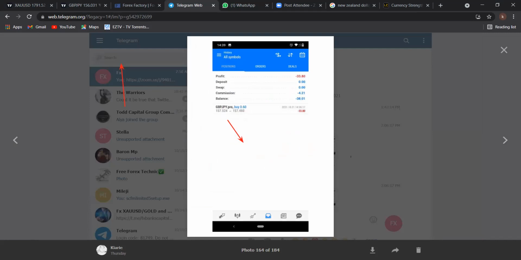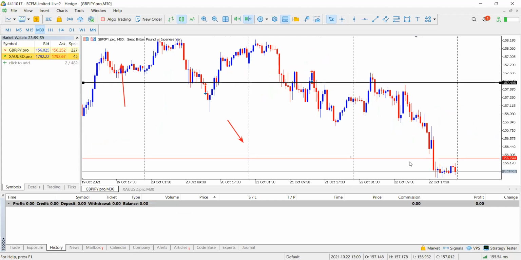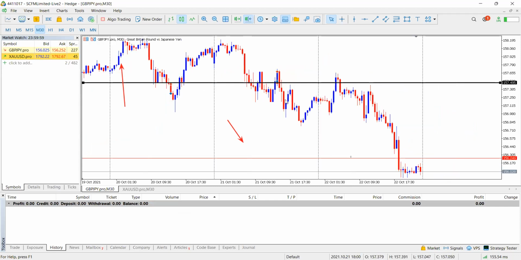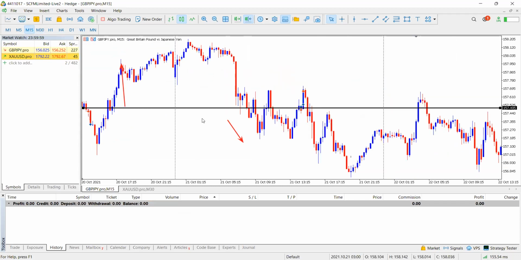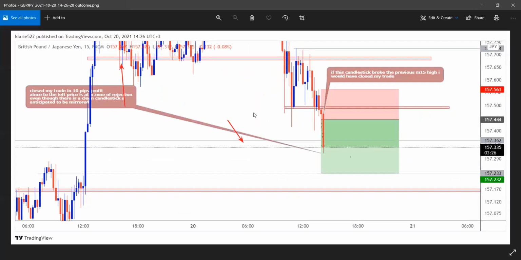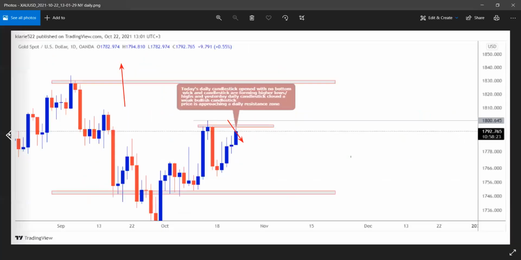But I want to see GBP JPY. This was my trade on GBP JPY. What was going through my mind when I took that entry?